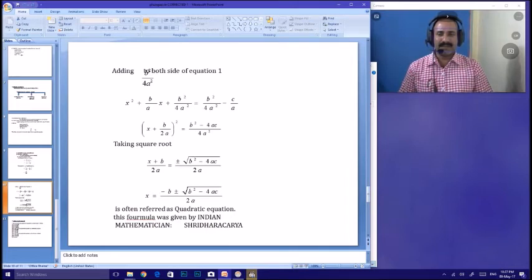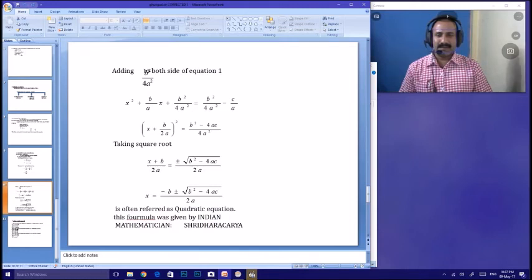Arranging, we get x plus b upon twice a whole square on the left hand side, and on the right hand side we get b square minus 4ac upon 4a square. Taking square root, x plus b upon twice a equals to plus minus square root of b square minus 4ac upon twice a.